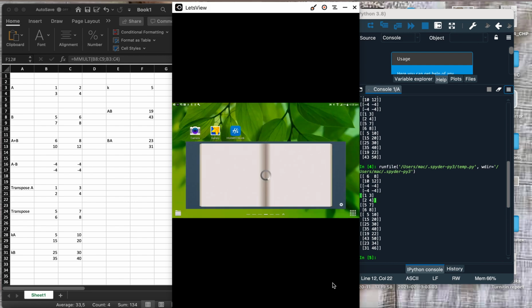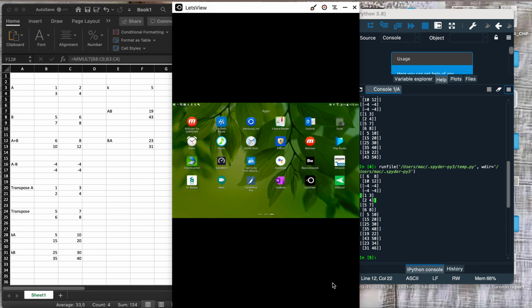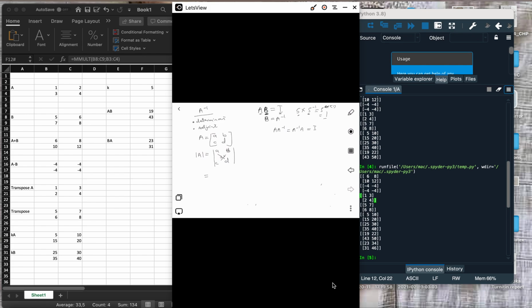So I'm going to have AD minus BC, and that is the determinant of a 2 by 2 matrix.